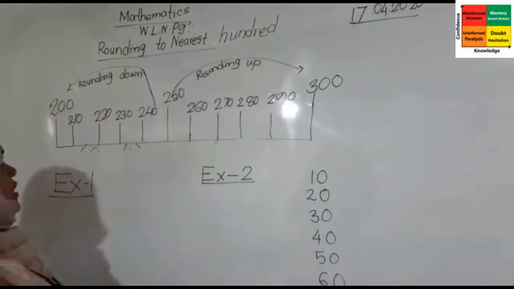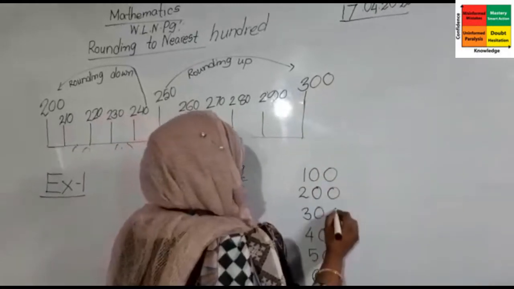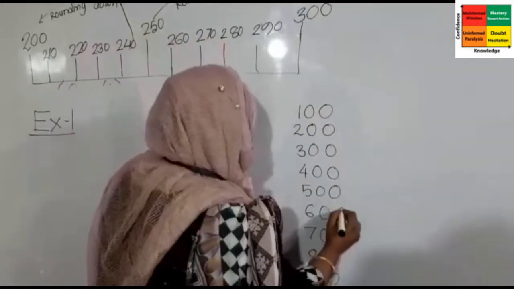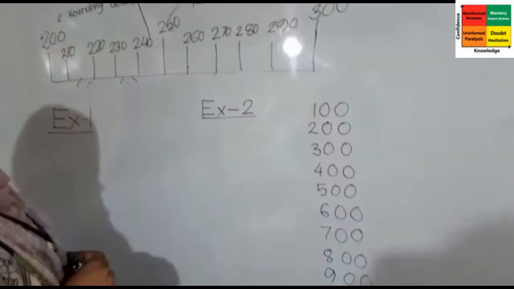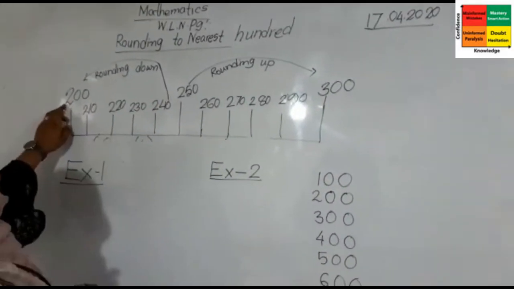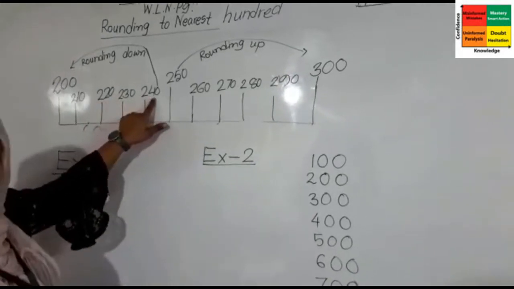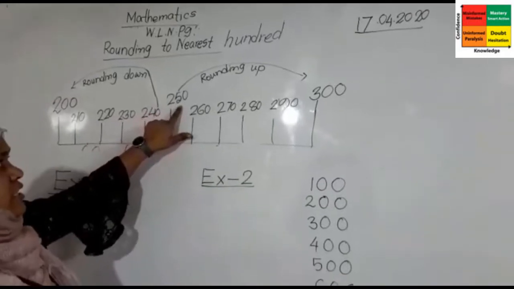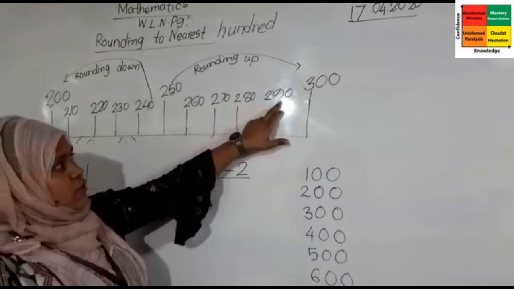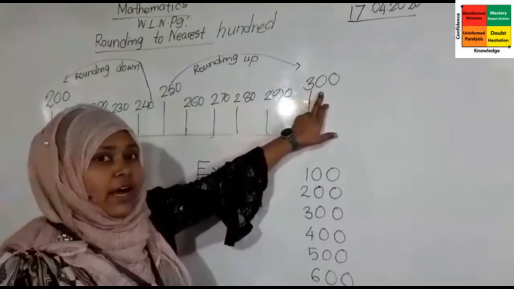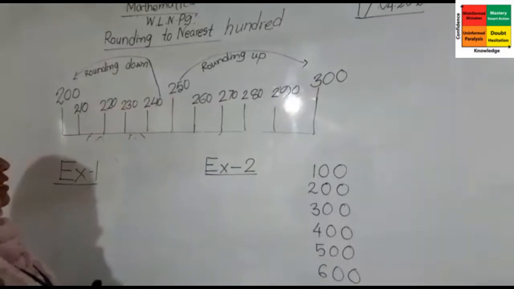In rounding to the nearest 100, you have to read the numbers this way: 100, 200, 300, 400, 500, 600, 700, 800 and 900. Here you can see after 200 comes 210, 220, 230, 240, then 250, 260, 270, 280, 290, and this is 300. So we are going to learn how we can do the rounding to the nearest 100.